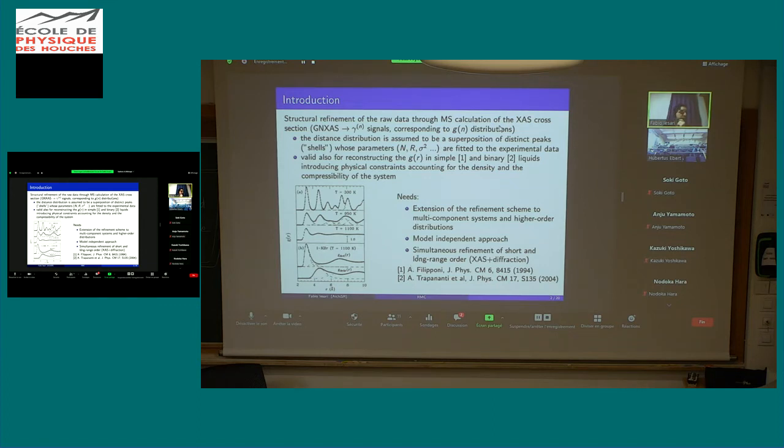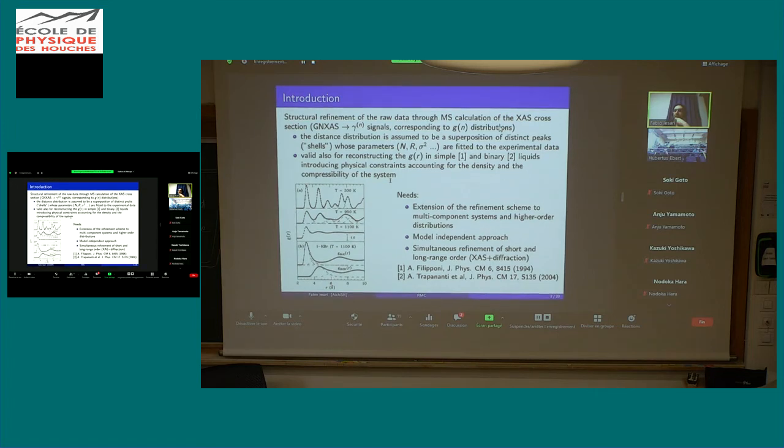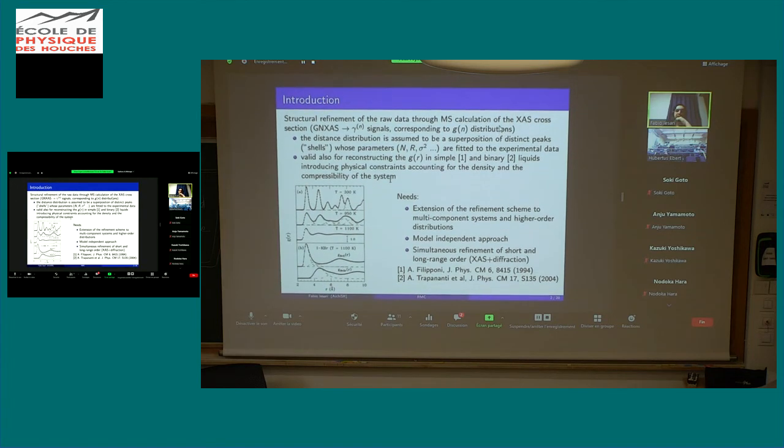It's called GNXAS for liquids, done in 2000, so it's a review paper. In that paper, there's also this example of, I think, amorphous germanium, where it shows that if you apply the peak fitting approach without this additional constraint, the parameters that you obtain are completely wrong.